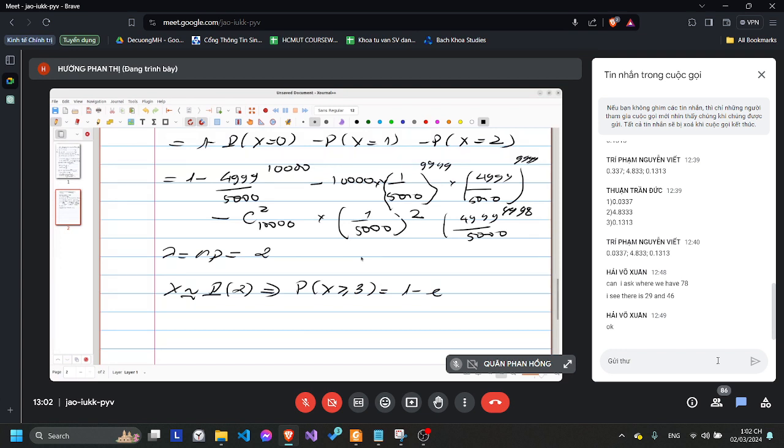So we take e to the power minus lambda outside, so e to the power minus 2. Lambda to the power k: with k equals 0, we have 1, plus lambda to the power 1, we have 2, lambda to the power 2, we have 4 over 2, and then it's 2. So very easily, we have 1 minus 5 e to the power minus 2.